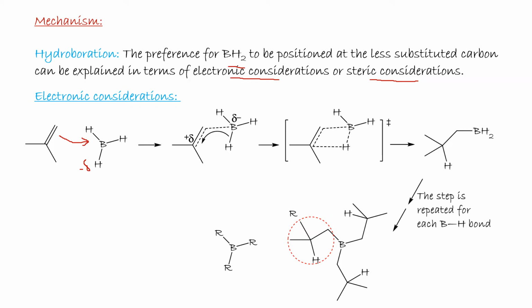As the pi bond attacks the empty p orbital of the boron, one of the vinylic positions can begin to develop a partial positive charge. This developing partial positive charge can then trigger a hydride shift to form alkyl borane. This step is repeated for each BH to form trialkyl borane.